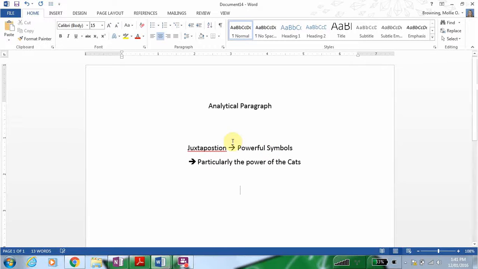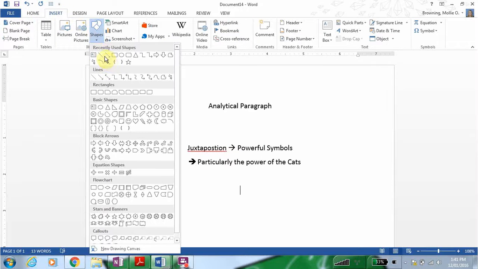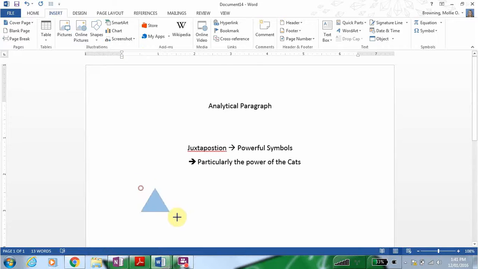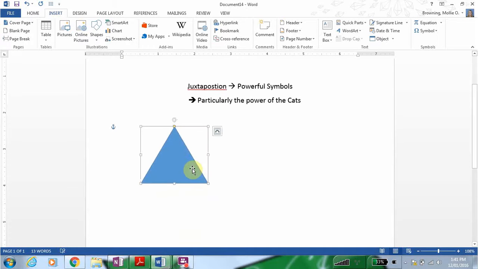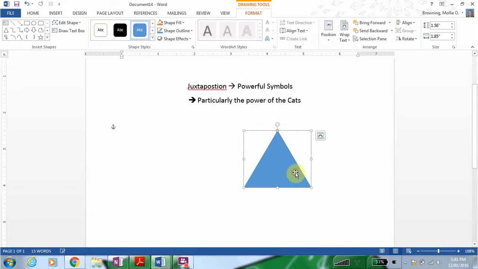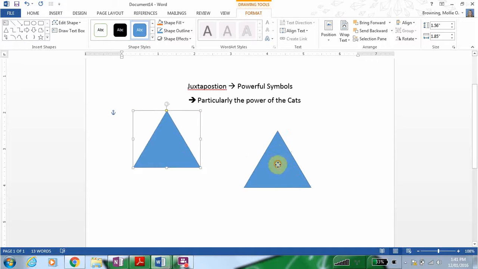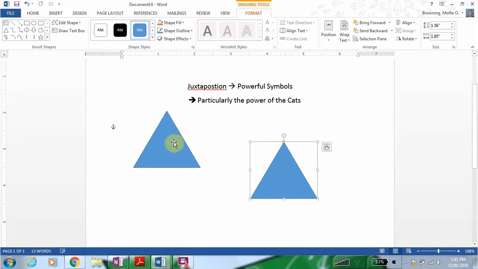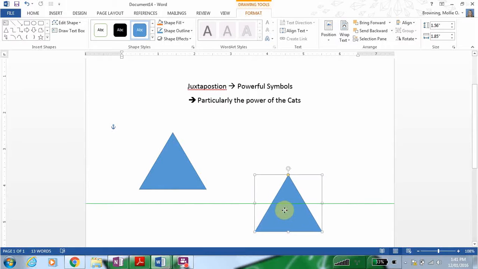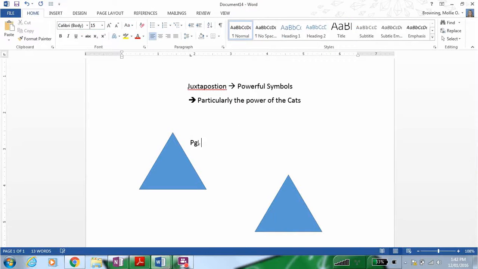Okay, so now I've got to find two pieces of proof that are going to show juxtaposition of powerful symbols. So as I'm planning, I've already got my claim, my circle. Now I've got to go to the book and find two places in the book where there was a juxtaposition of powerful symbols. So this is where you are getting your book out and you're looking up something. Please do not pick all the same things that I pick.